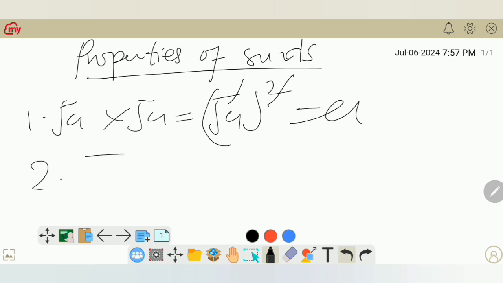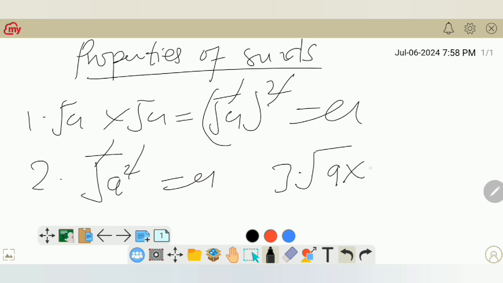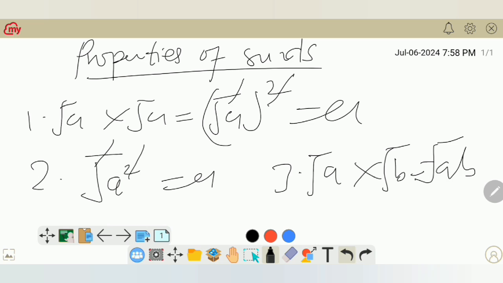Property 2. Root of a squared is equal to a because the square will cancel the square. Property 3. Root of a times root of b is equal to root of ab.